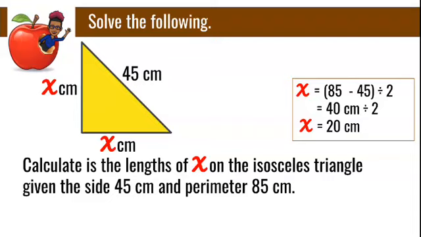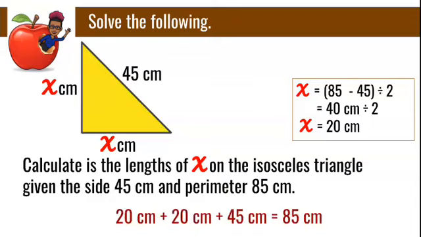So working our problem again, perimeter minus the side we're given, so 85 minus 45, then divided by 2. 85 minus 45, we get 40. 40 shared equally by 2. 40 divided by 2 will give us 20 centimeters. So that 20 is telling us that each side with x is 20 centimeters.